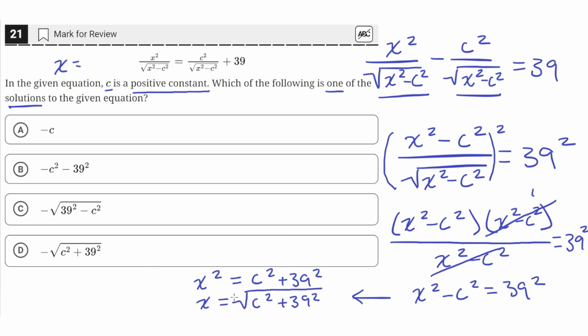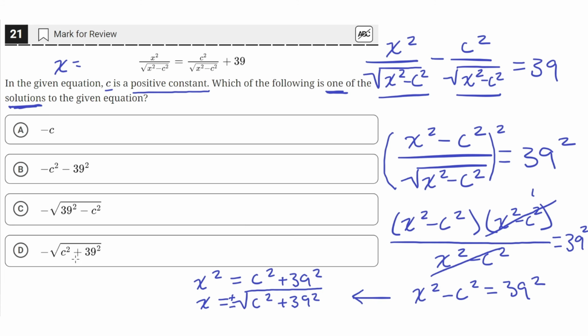Okay, and since this is a square root, this number here is actually a positive or a negative. Both are solutions. So positive square root of c squared plus 39 squared is a solution, and negative square root of c squared plus 39 squared is a solution. That's why the problem statement here said give one of the solutions to the given equation, since there are two solutions.